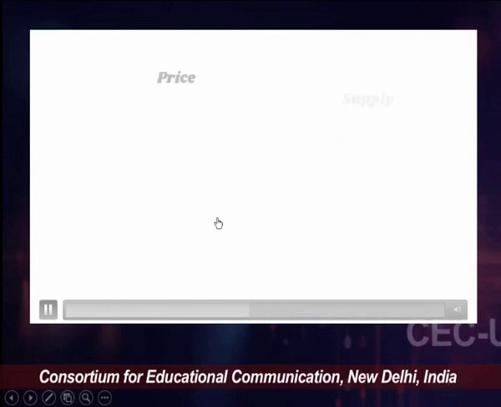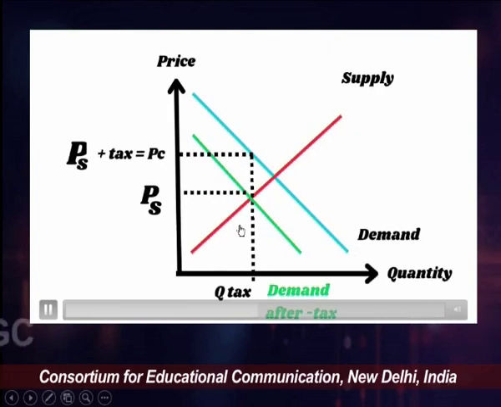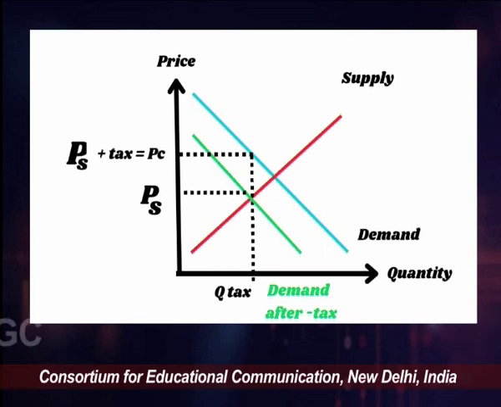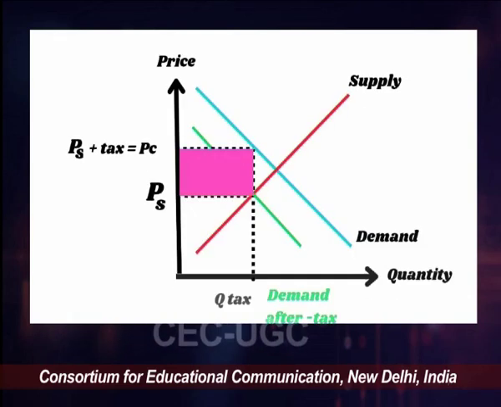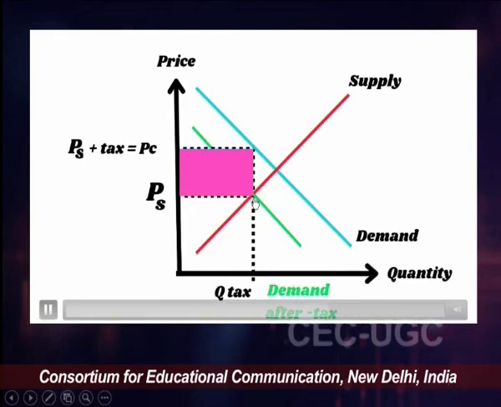So PS is the price received by the producer, and the price paid by the consumer will be given by PS plus T, because T is going to the government agent, as I told you in the beginning, and PC then represents the price paid by the consumer. So you can see here the tax is creating a wedge between the price received by the seller and the price paid by the consumer, as shown by this vertical distance.